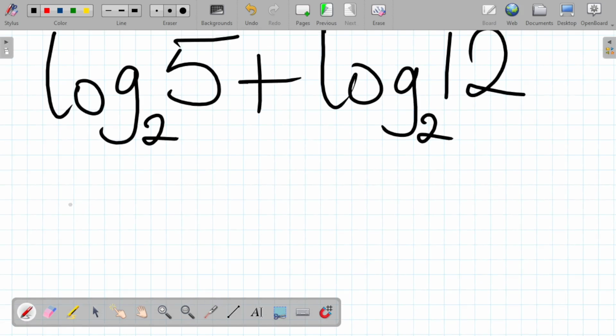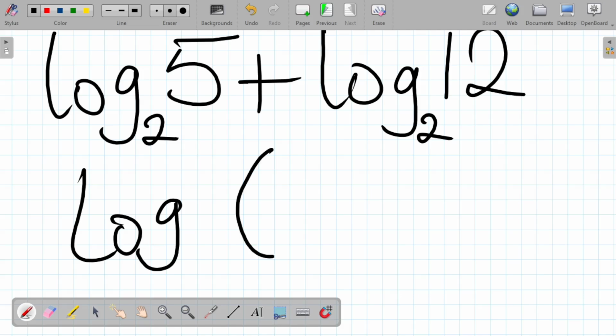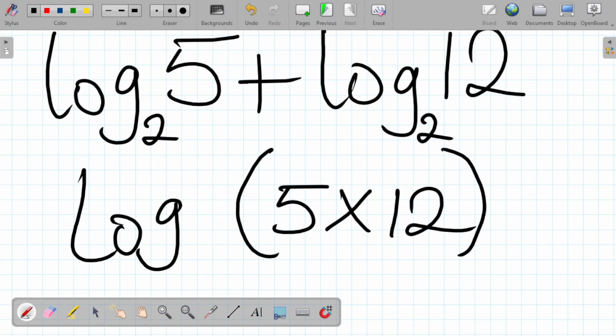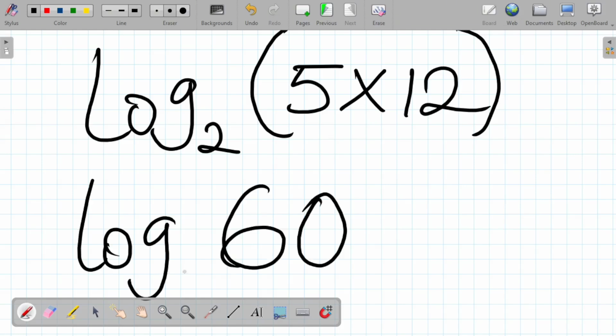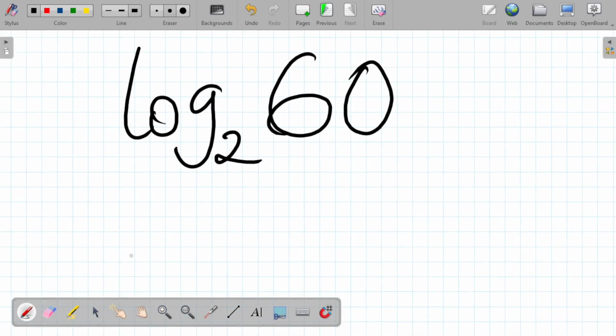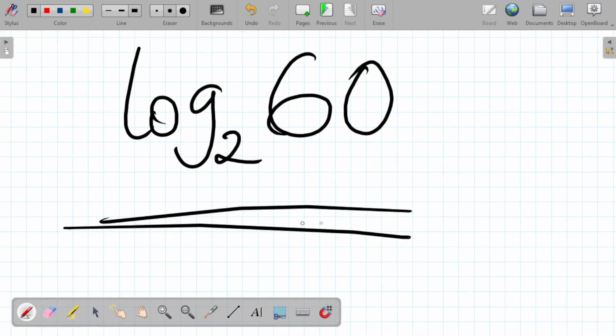So our answer becomes log 5 multiplied by 12 to base 2. Here, 5 multiplied by 12 is 60. So log 60 to base 2. So this is our answer.